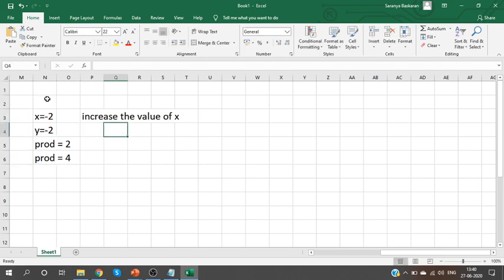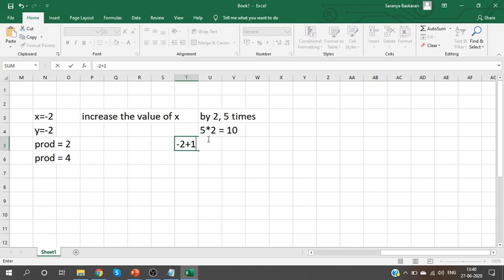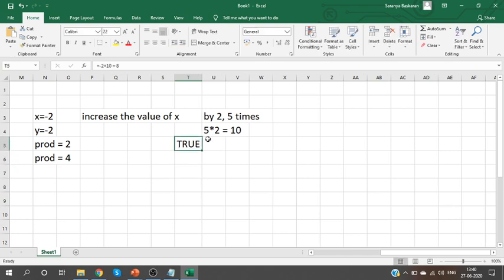Here in this problem, you have to increase the value of x by 2, how many times? 5 times. So 5 into 2, which is 10. Minus 2 plus 10, our answer will be 8.